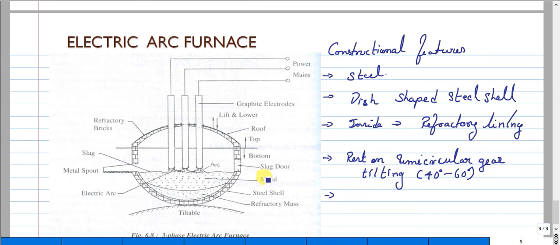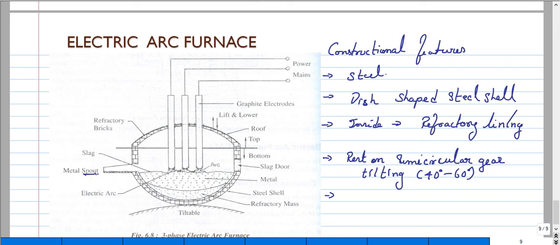And you can see above the bottom a spout. This metal spout is provided for tapping out the molten metal. So if you want to take out the molten metal, we have a tilt, and there is a spout construction where you can remove the molten metal.